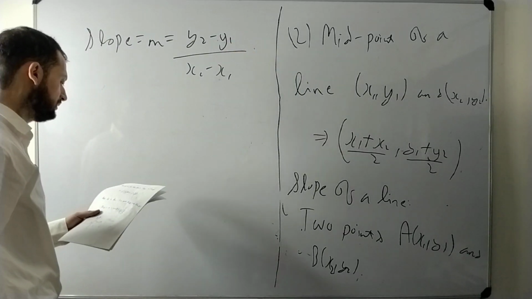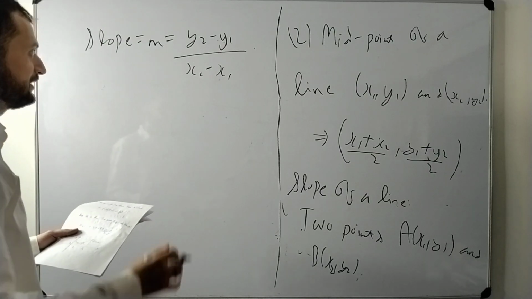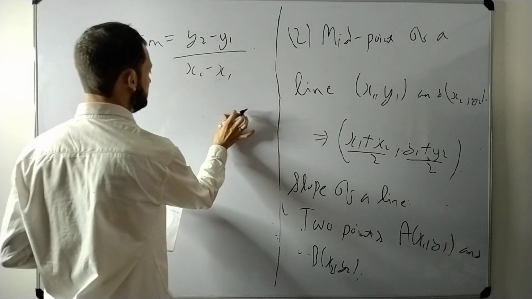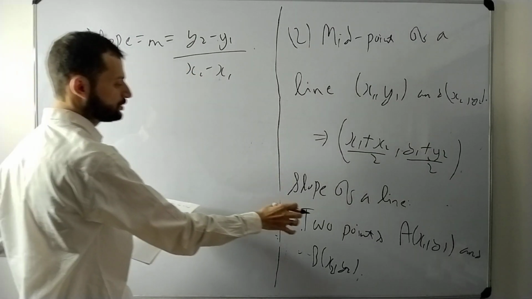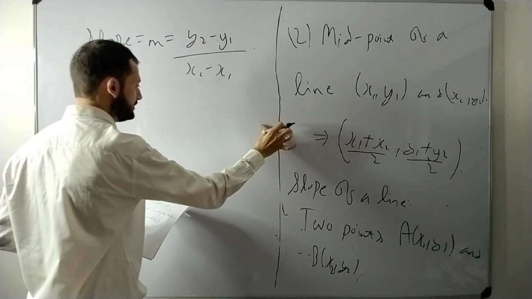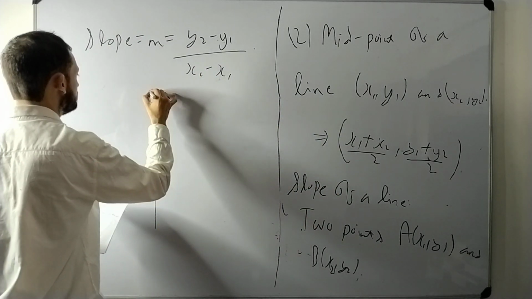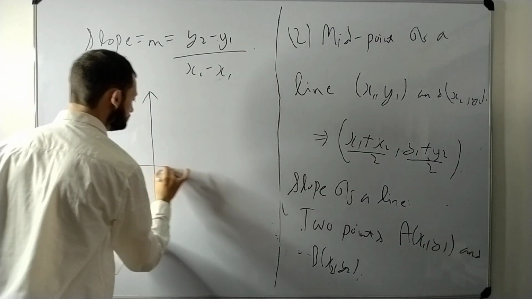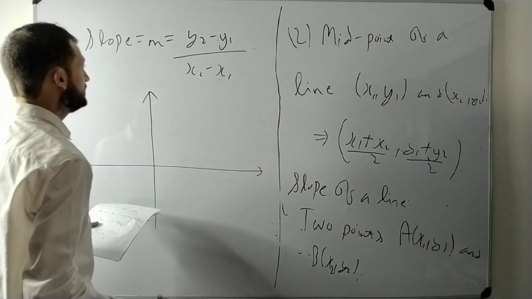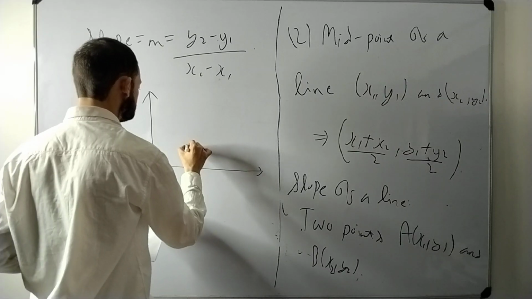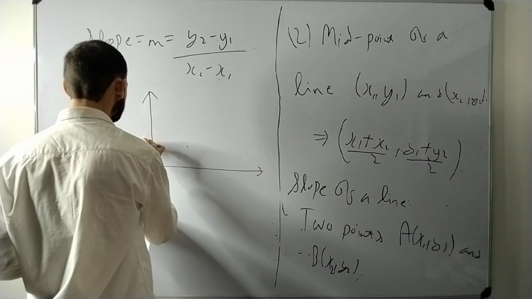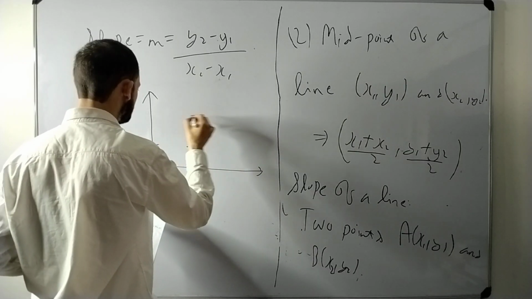So you would say, sir, we didn't understand a thing. You wrote a formula, you wrote points. How would you represent it? So you draw the graph. I am taking y1 here. So this happens to be the initial point.